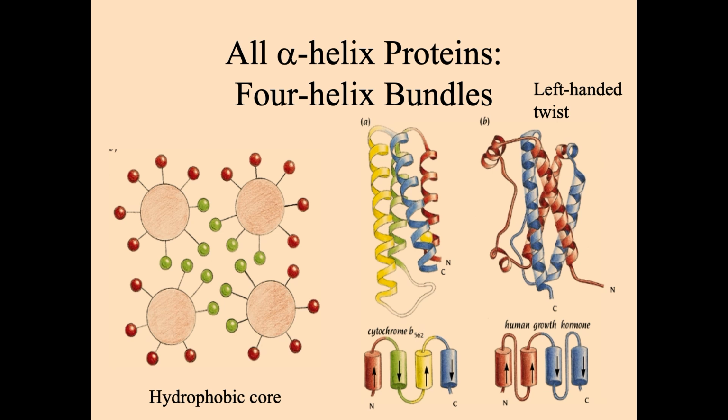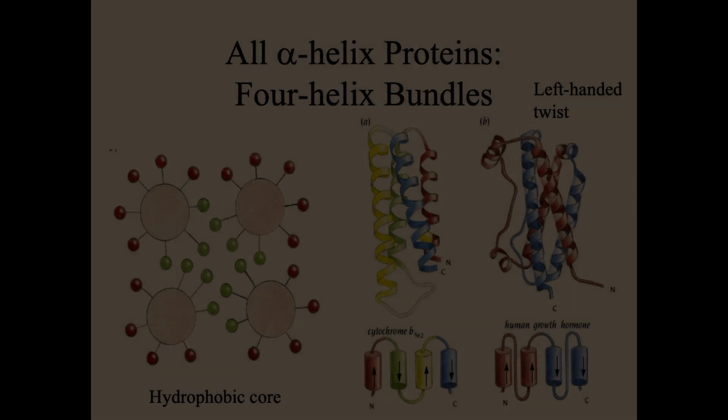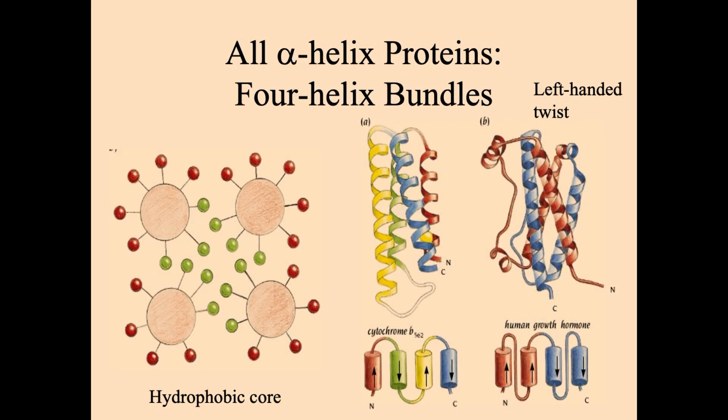Another way, very important to us, is human growth hormone. And there you can see red again, N-terminus, up a helix, and then it crosses over all the way from the top to the bottom again. And then up a helix again in red, and then come right back down in the blue helix, but then it crosses over to the top again, and then come back down in the fourth helix with the C-terminus. So in this one, you have up, crossover, up again, and then down, crossover, down again.